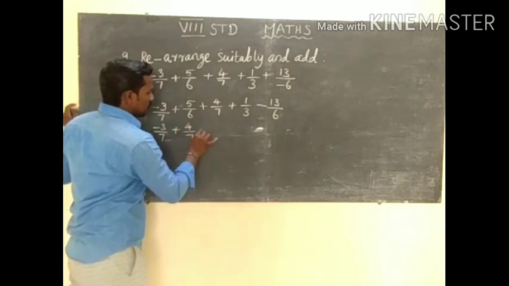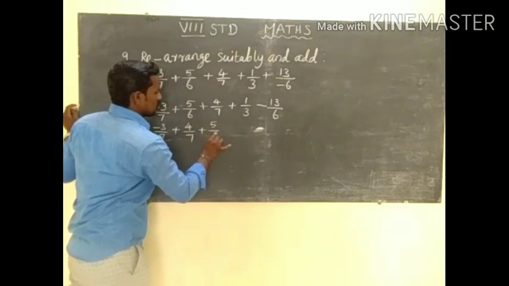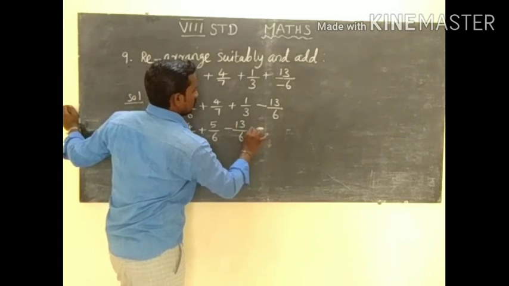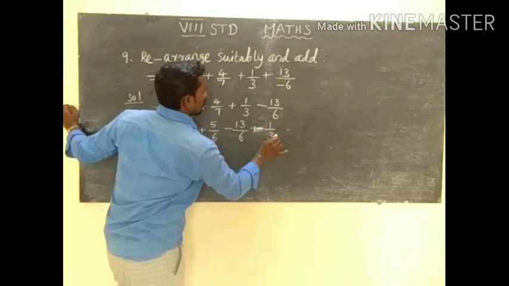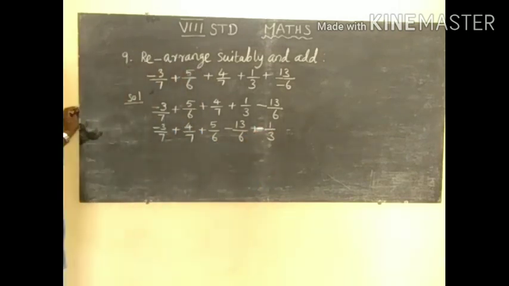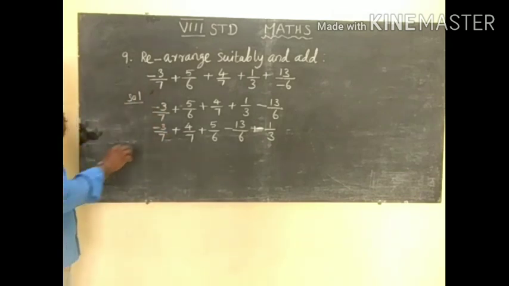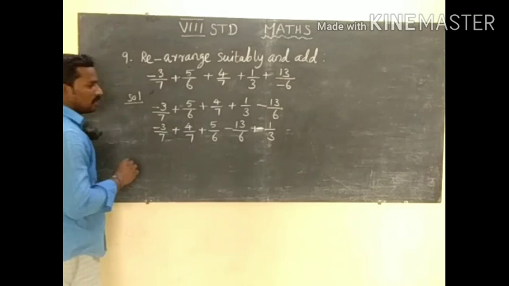Next compare 5 by 6 minus 13 by 6, and plus 1 by 3 is separate. Rearrange suitably and add, that means grouping like terms.